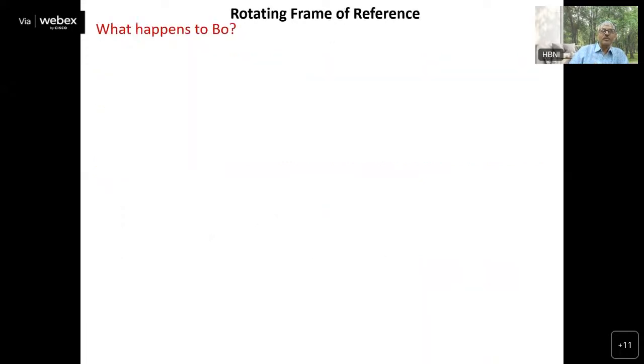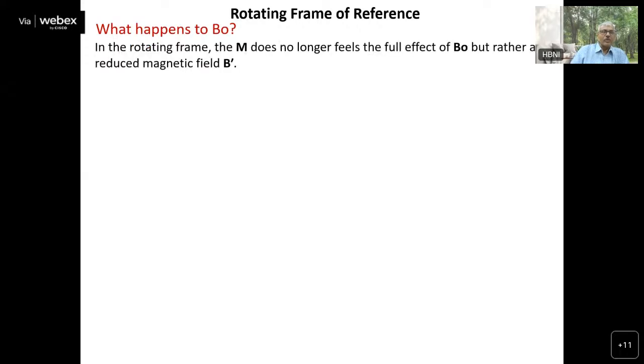Now what happens to B0 when you move from the laboratory stationary frame to a rotating frame? In the rotating frame, M does not feel the full effect of B0, but rather a reduced magnetic field B prime.